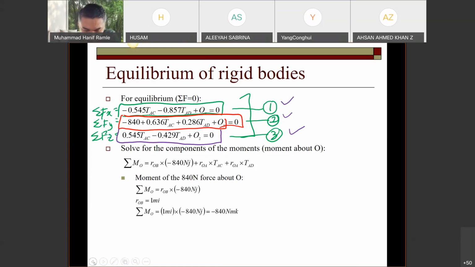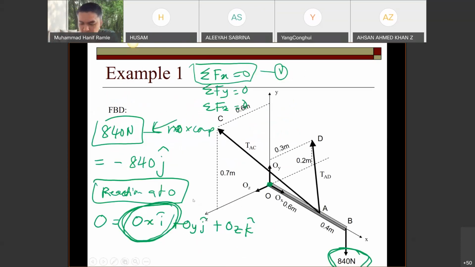In this FBD, the larger number of unknowns is located at point O here. So you have to calculate the moment about point O.